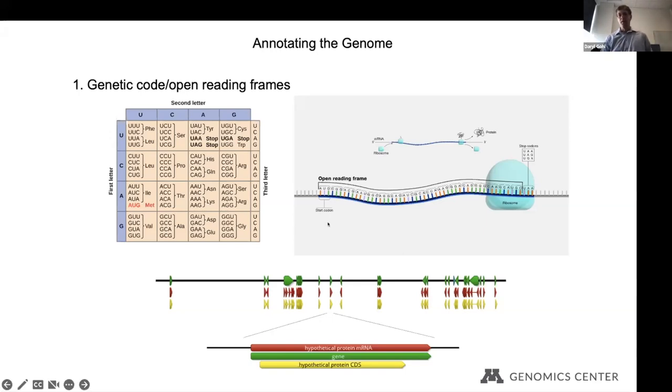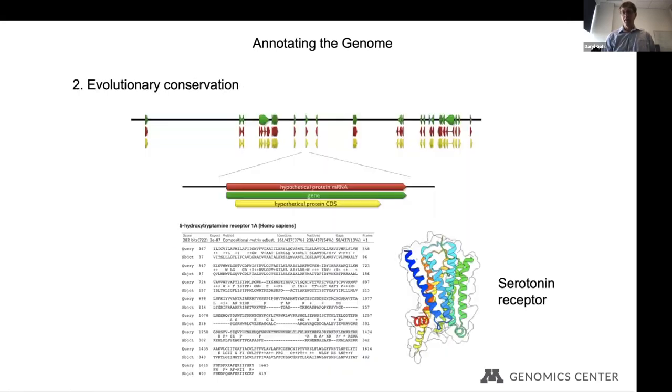We know from this genetic code that there are certain start codons, certain triplets that indicate the start of a coding sequence, and we also know that there are a number of stop codons. So we can look for what are called open reading frames, which are basically long stretches of these triplets that could potentially code for a protein. These open reading frames would then be hypothetical genes or hypothetical coding sequences.